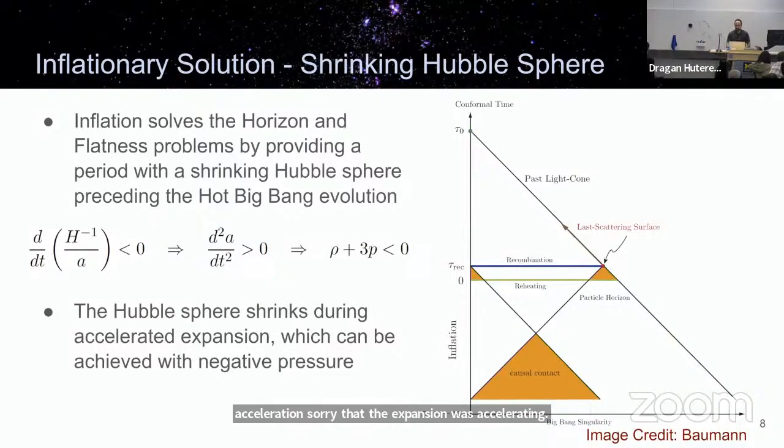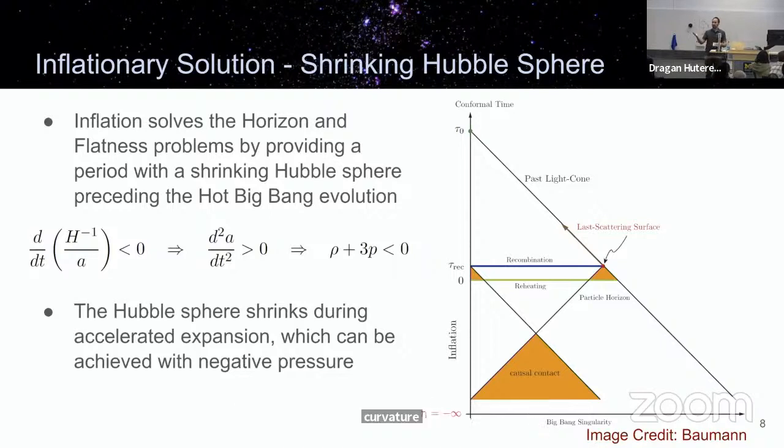This solution also solves the flatness problem for the same basic reason. It comes down to the same mathematical requirement: as long as you had a shrinking Hubble sphere for a longer period of conformal time than there was in the ordinary classical hot Big Bang evolution, the spatial curvature decreases during the shrinking Hubble sphere period, and it shrinks sufficiently that even if you started with order 1 curvature at the start of inflation, you would wind up with an exponentially suppressed curvature at the end of inflation, at this green line.